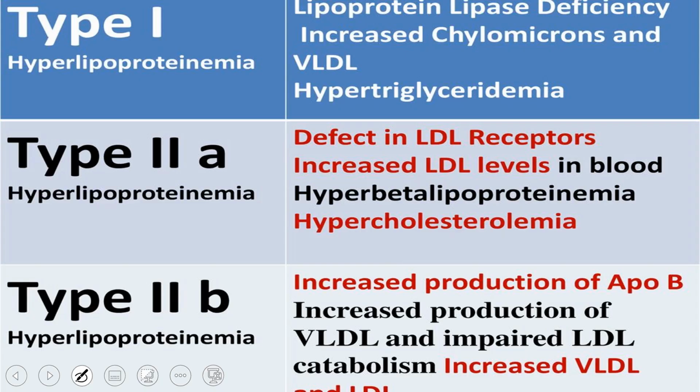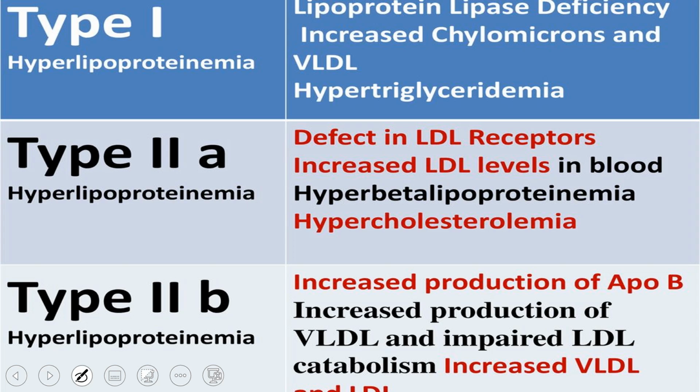If you see, there are different types of hyperlipoproteinemia: type 1, 2A, 2B, 3, 4, 5. In this case, different lipoproteins are going to accumulate in our body. In case of type 1, we are having deficiency of LPL, lipoprotein lipase.